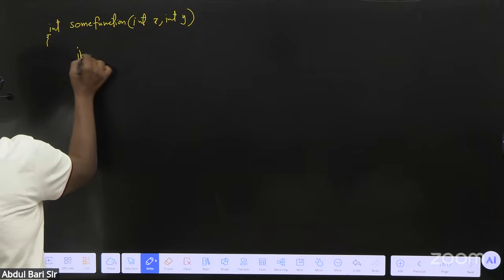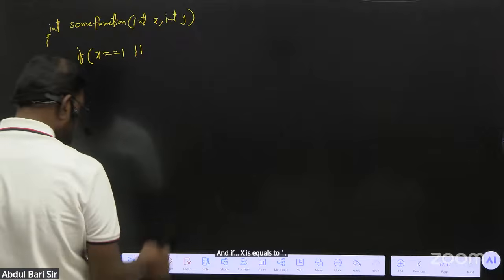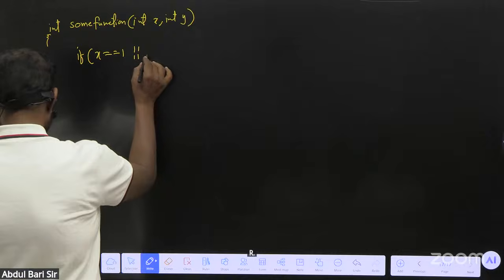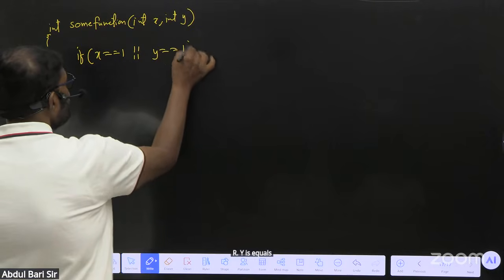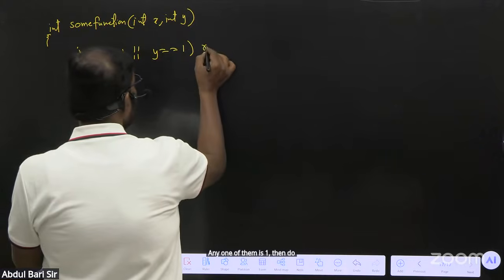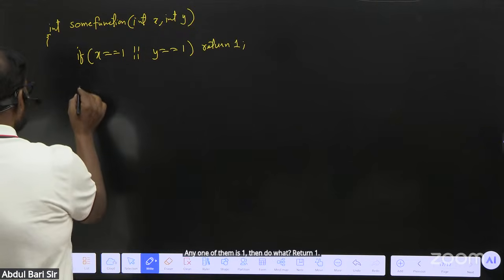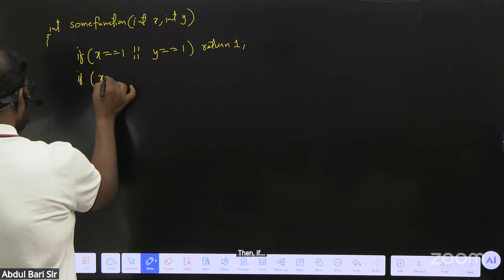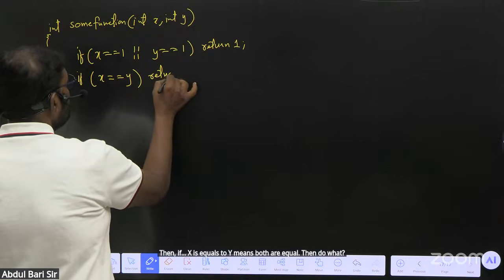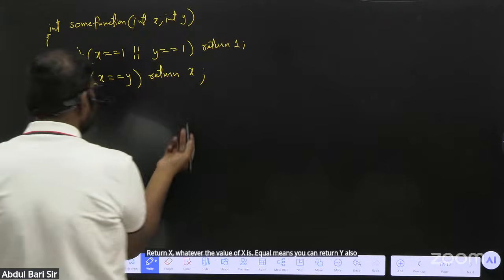And if x is equal to 1 or y is equal to 1, means if any one of them is 1, then do what? Return 1. Then if x is equal to y, means both are equal, then do what? Return x, whatever the value of x is. Equal means you can return y also, x also, it is the same thing only.